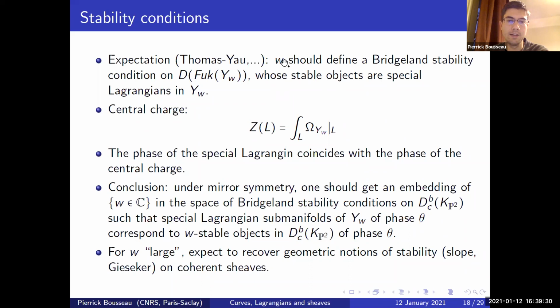And the prediction is that the central charge defining the Bridgeland stability condition should be given by this very simple formula.